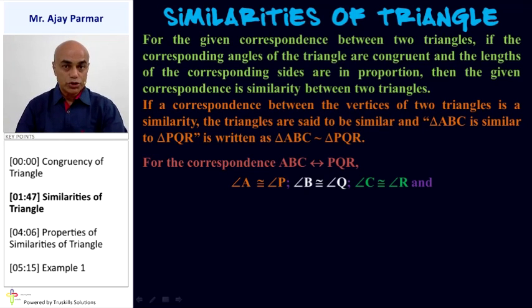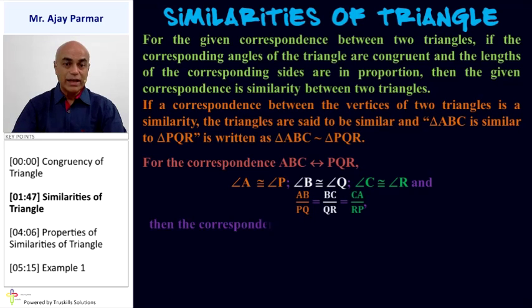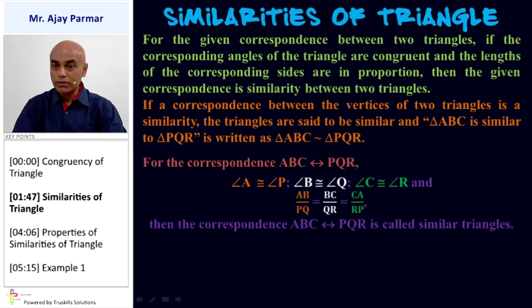Whereas the sides should be in proportion, so that is AB upon PQ is equal to BC upon QR is equal to CA upon RP. Then the given correspondence, that is ABC corresponds to PQR, is a similarity, and the triangles are called similar triangles. That is triangle ABC ~ triangle PQR.